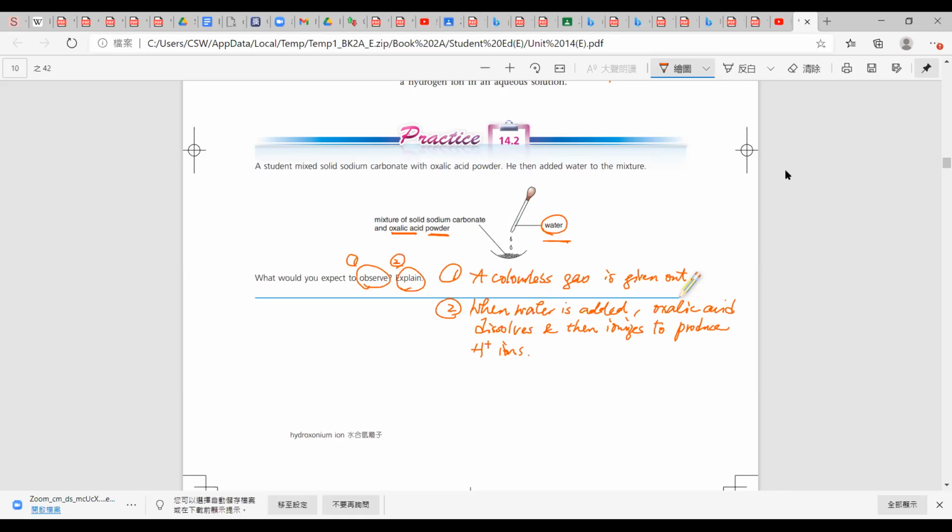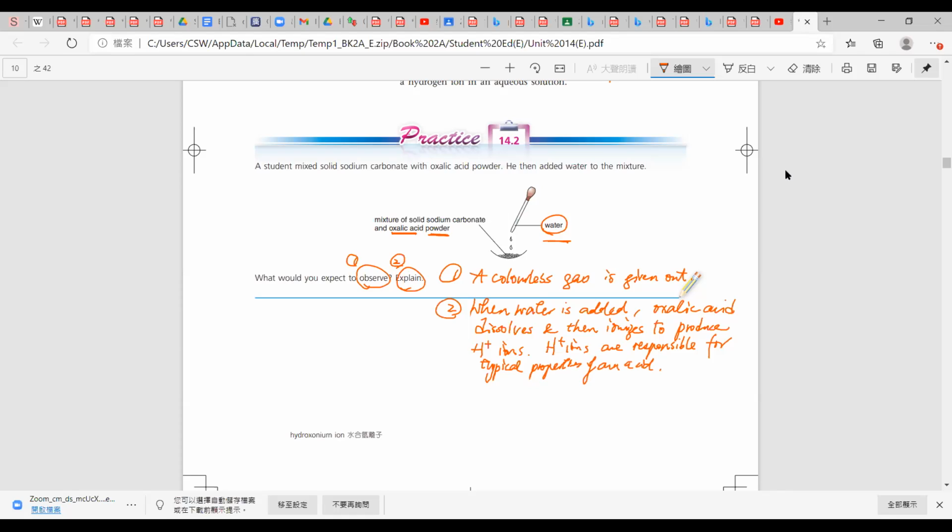The hydrogen ions are responsible for the typical property of an acid.